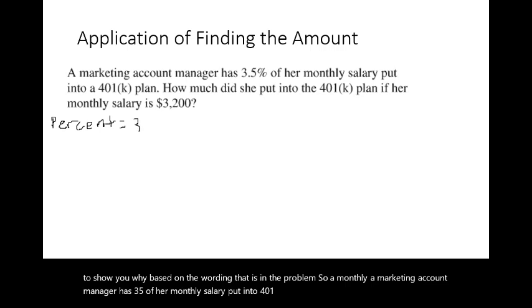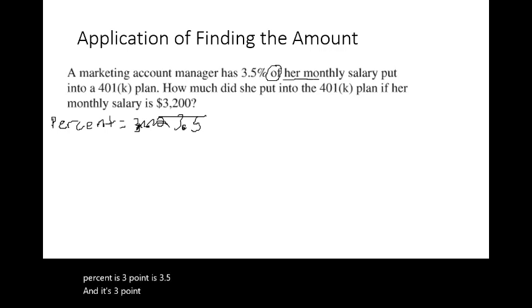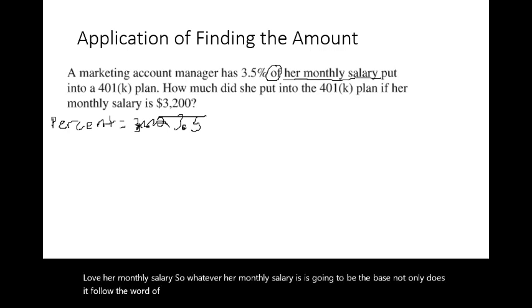Right away, we are given the percent is 3.5. And it's 3.5% of her monthly salary. So her monthly salary is going to be the base. Not only does it follow the word of, but her monthly salary is what she starts with before she takes that 3.5% out of it.